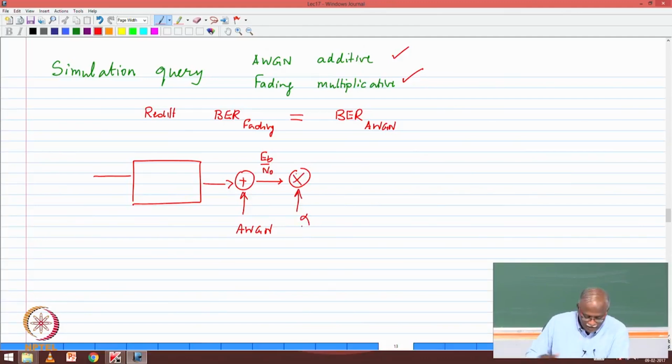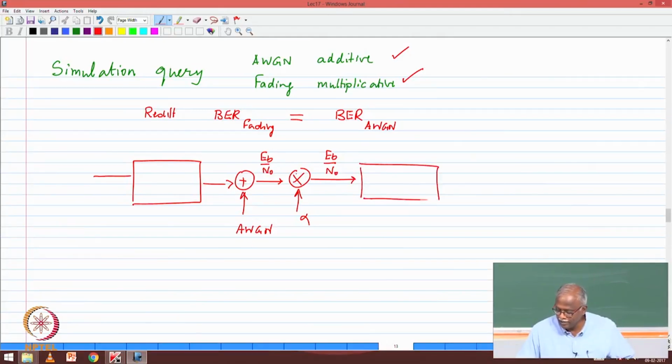It is multiplying the signal and the noise. So the resultant SNR at this point is Eb/N0, because it multiplied the noise also, and therefore the receiver did not find any difference in the BER performance because the noise also got scaled.